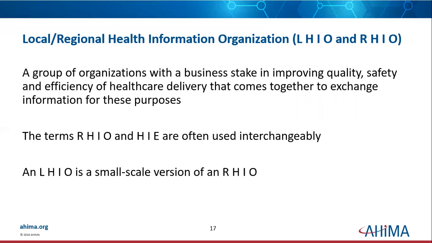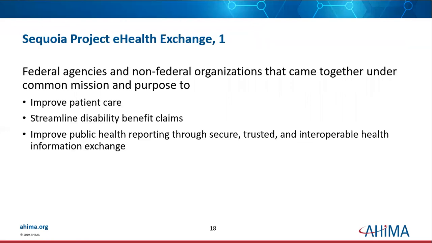And so you can have a collaborative effort between a local and a regional HIE, and they're often used interchangeably in terms of the terminology. But LHIOs are typically, again, on the smaller scale.